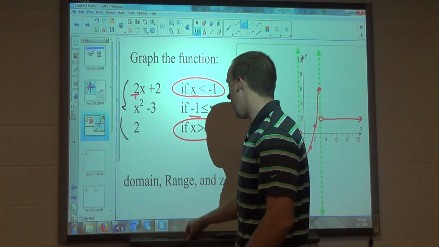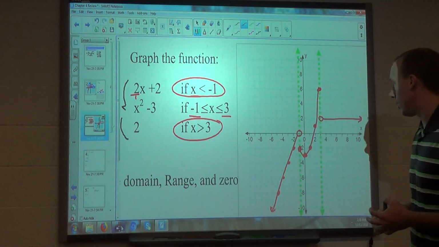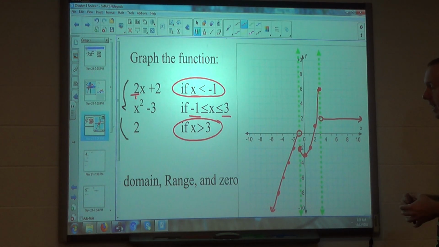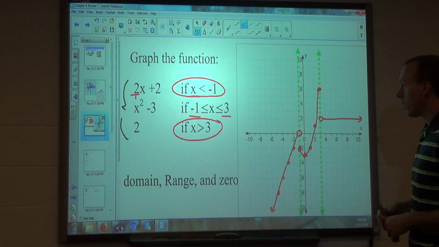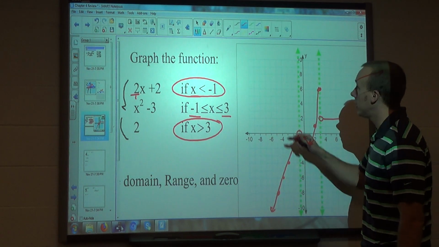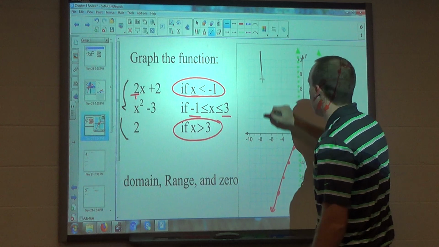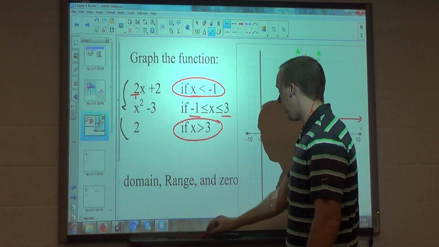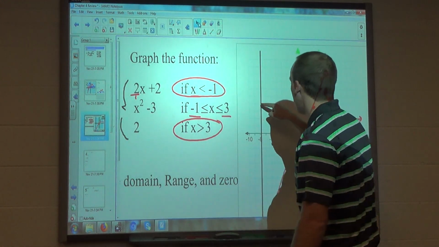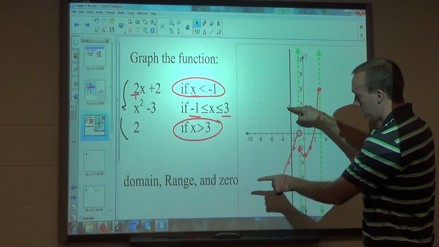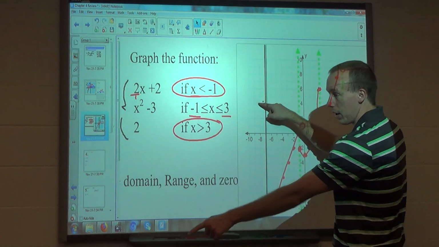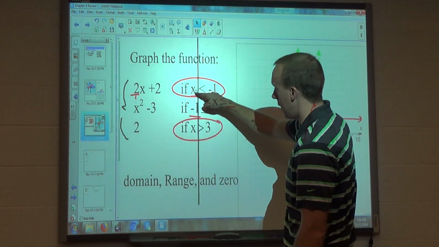Find the domain, the range, and the zeros of the function. The domain of the function are the x values that are true. Is there any x value missing? If I drew a vertical line, are there any x's that don't show up? If I keep going to the left, will it keep going downward and have an answer? And it does.